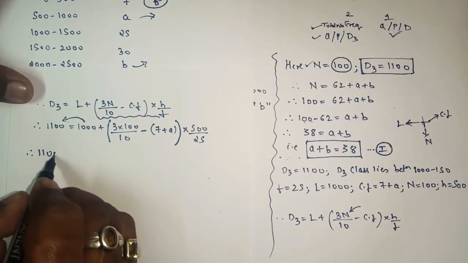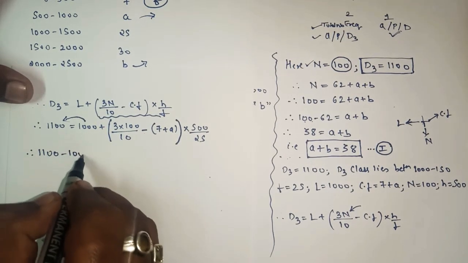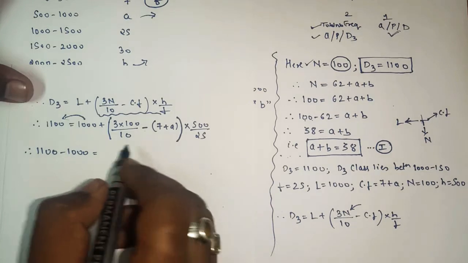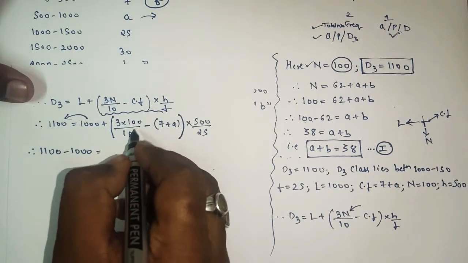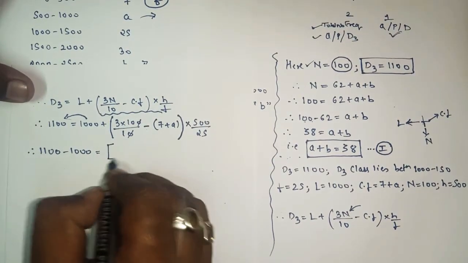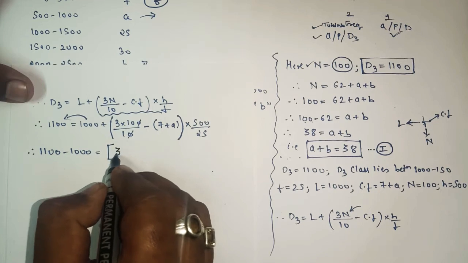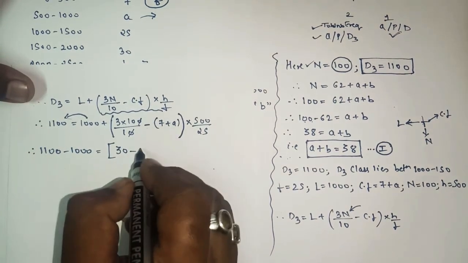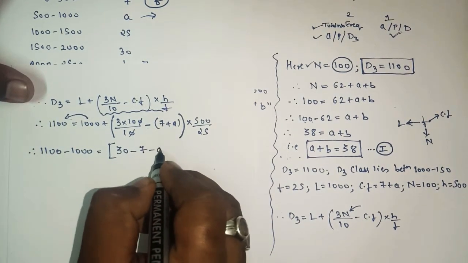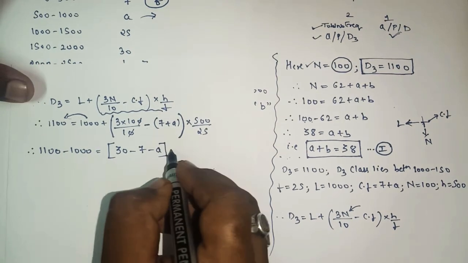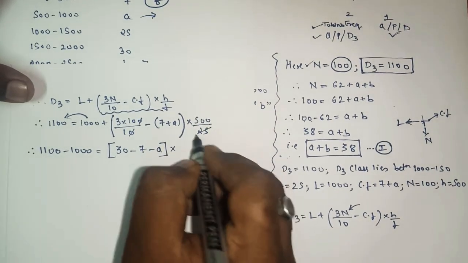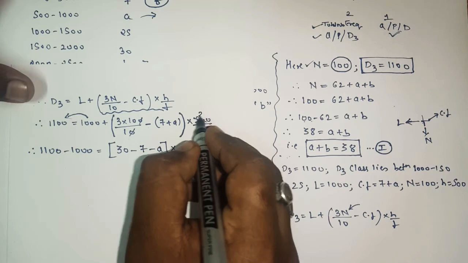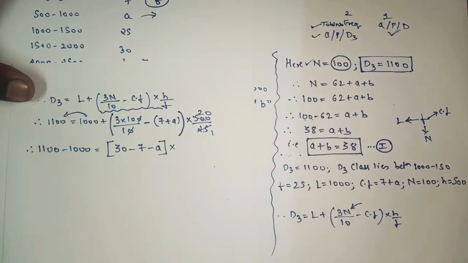So 1100 minus 1000 equals, here the 0 will get cancelled, so we are left with 3 tens are 30 minus bracket open, so here you will get 7 minus A. Here 25 ones are 25, twos are 50, so here you will get 20.